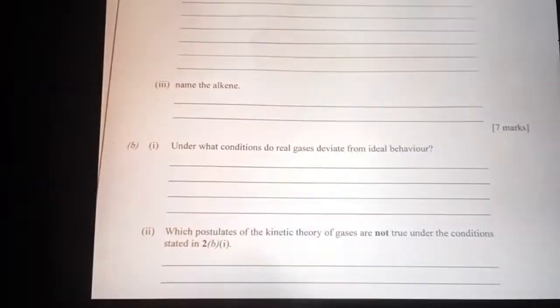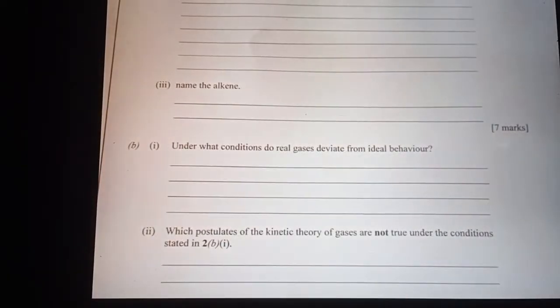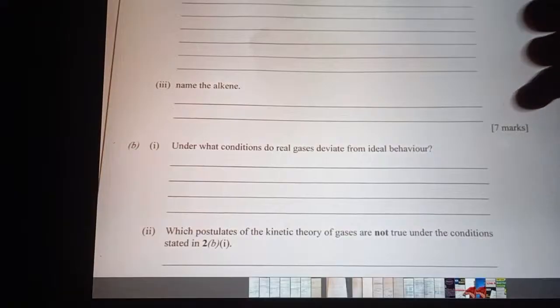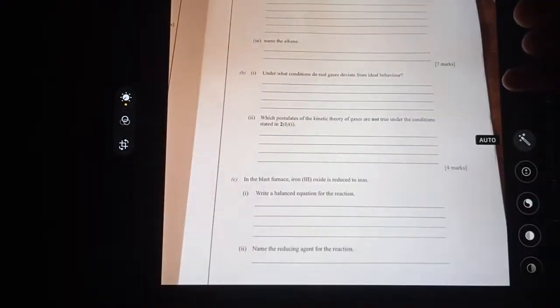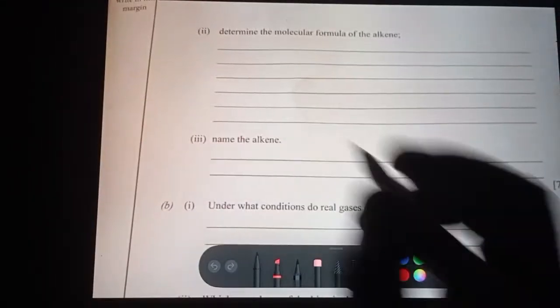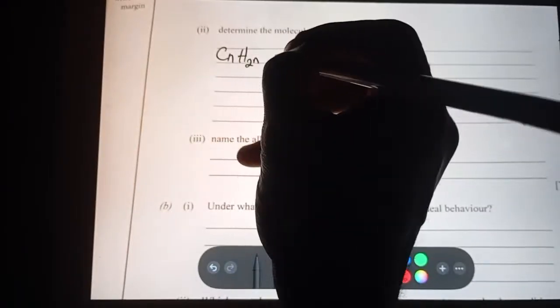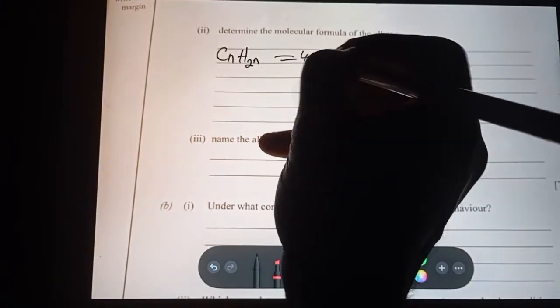Yeah, this is the continuation. They say determine the molecular formula of the alkene. I've done that already. That's just what I solved there. I'll skip that one. In case you don't understand what I mean, you still say CnH2n is equal to 42.